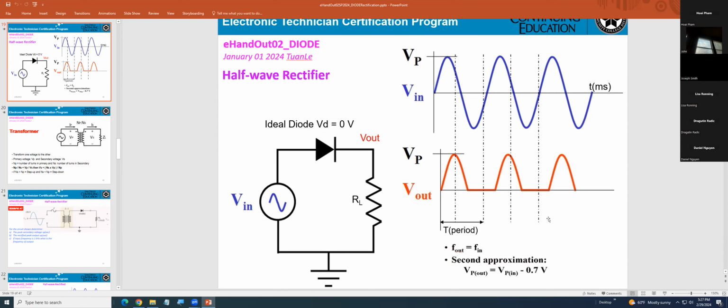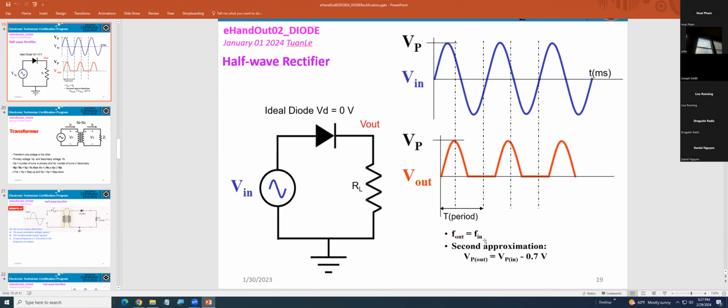However, the frequency of the input and the frequency of the output will be the same. Now if you say I want to use the second approximation, that means 0.7 volt for the diode, then V peak out will be equal to V peak in minus 0.7.